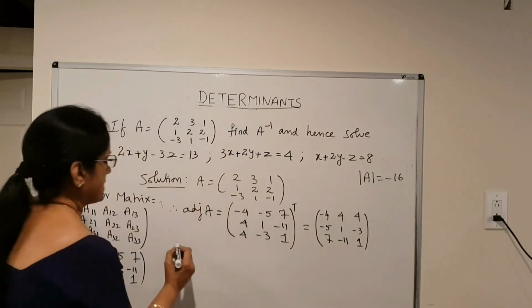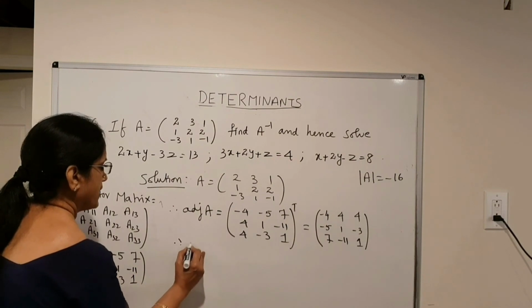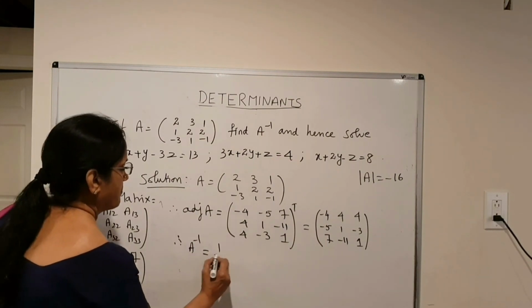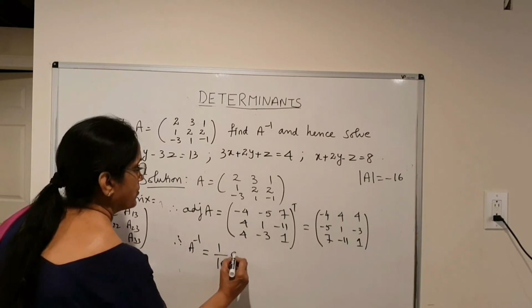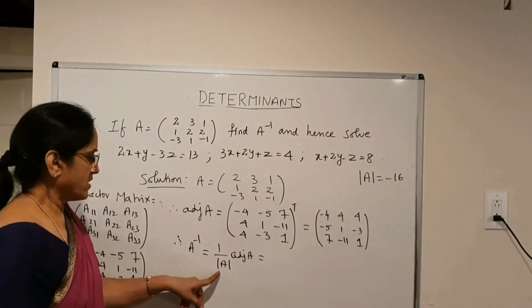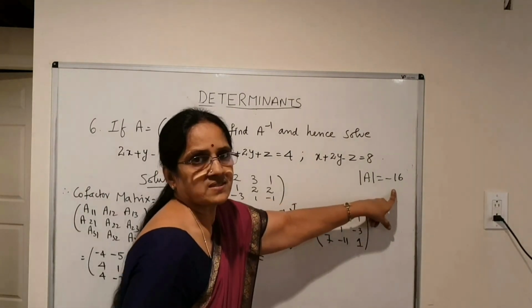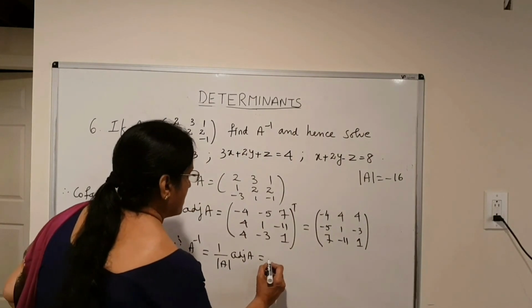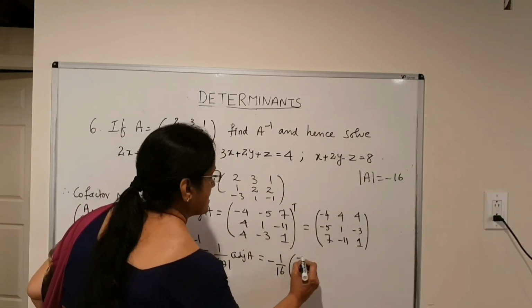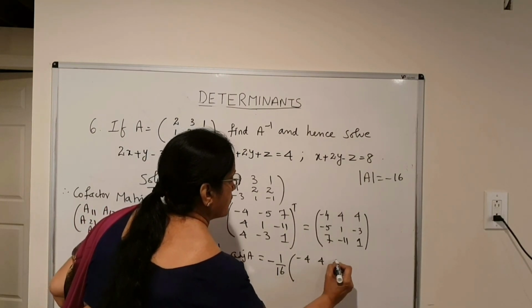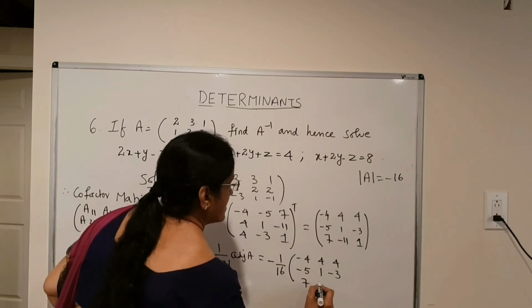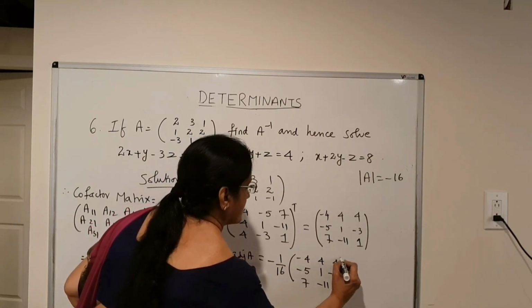Okay. Now it is easy for me to write A inverse. Therefore, A inverse is equal to 1 by determinant of A into adjoint of A. That is the formula. Already I got the determinant of A as minus 16. So let me write over here minus 1 by 16 multiplied by this matrix: minus 4, 4, 4, minus 5, 1, minus 3, 7, minus 11, 1.